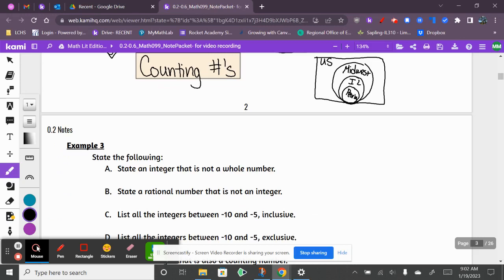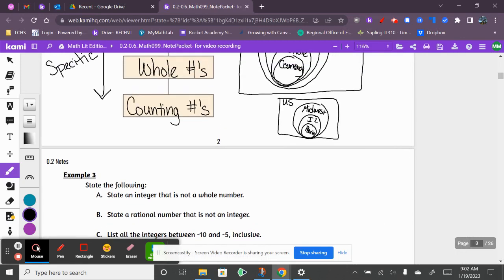So for example 3, we want to use that same idea that we were talking about with how we think of naming these. It says to state an integer that is not a whole number. In order to be an integer, it just has to be one of the whole numbers or its opposite. So if it's not a whole number, something like -5 or -3,000. If we have a negative number, it's automatically going to be an integer, but it's not going to be a whole number.